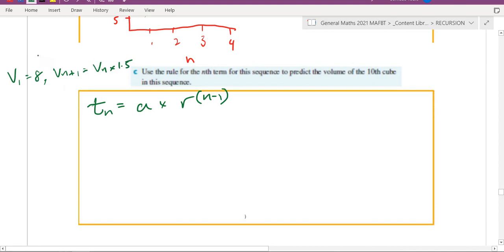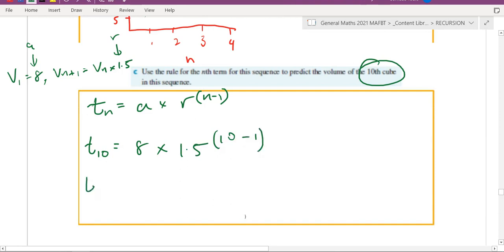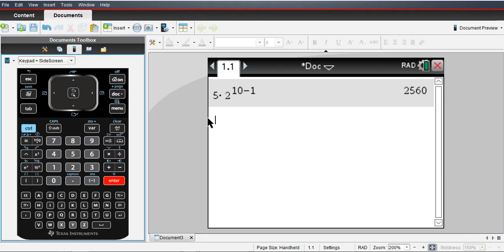So you can see that here is your first term, and this guy would be your common ratio. And you're looking for the 10th number. So that means, on my formula, T10 is equal to 8 times 1.5 to the power of 10 minus 1. Okay, so 8 times 1.5 to the power of 10, take away 1.